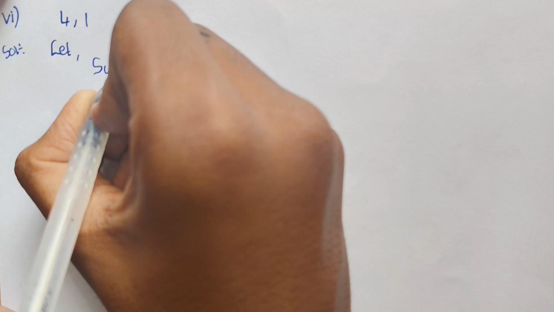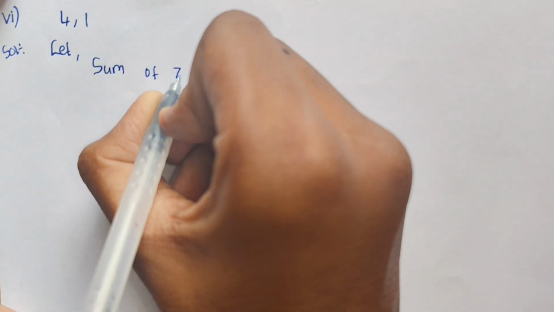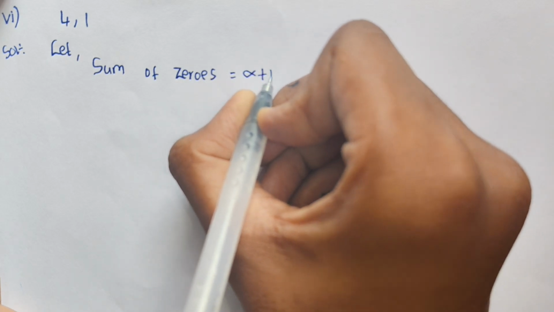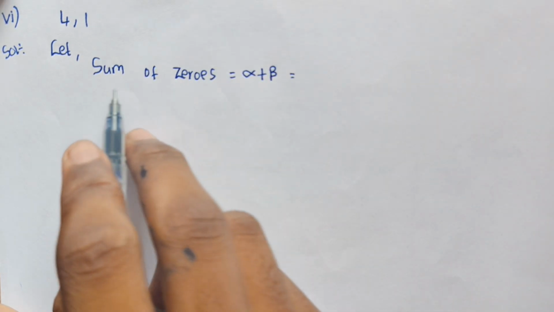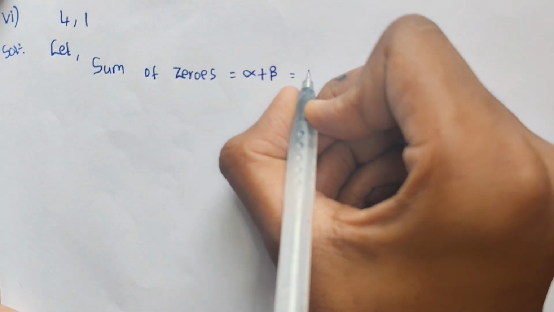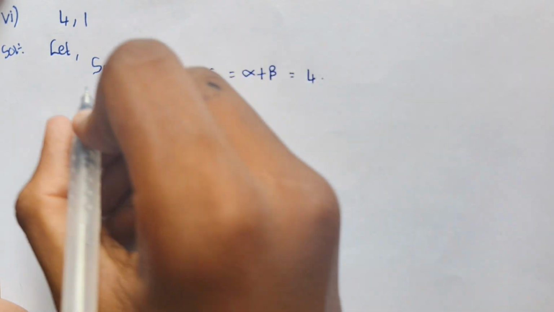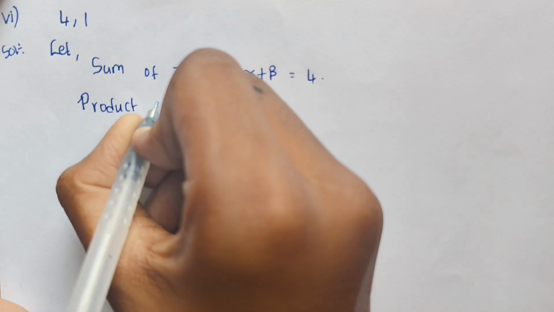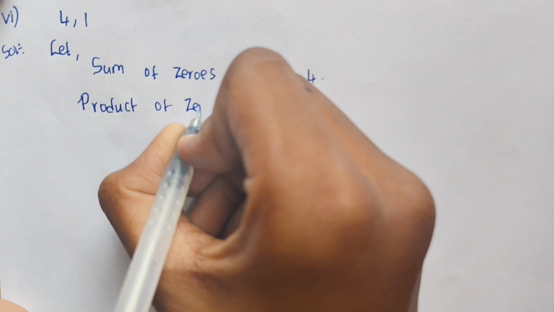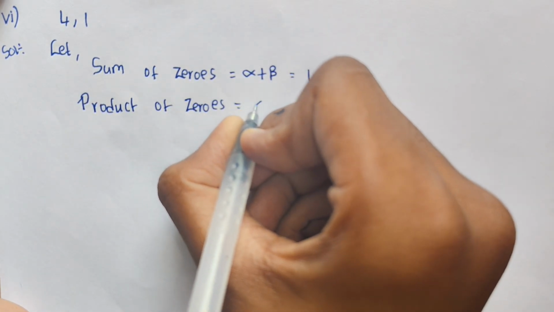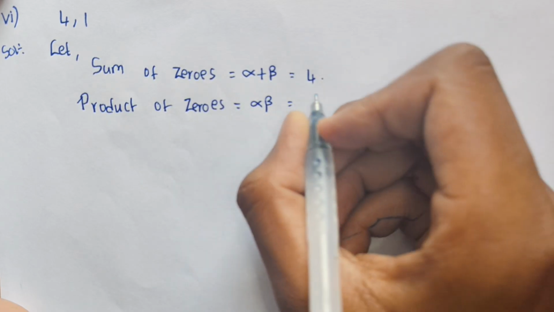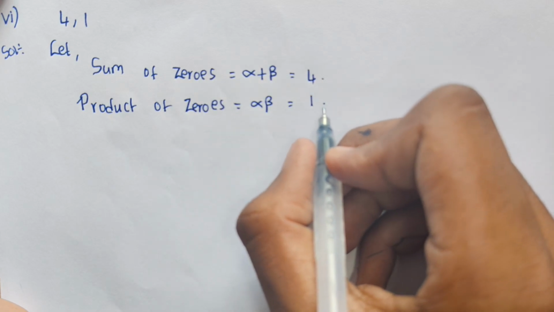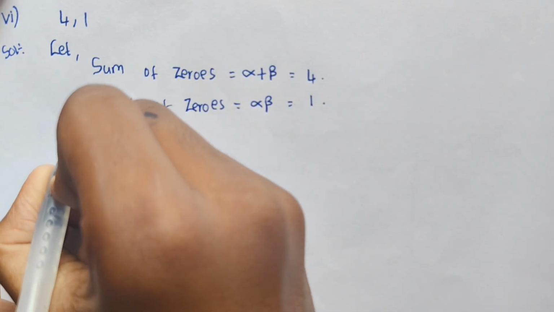Let me take sum of zeros equals to alpha plus beta, sum of zeros is 4. So alpha plus beta equals to 4. And product of zeros equals to alpha into beta, product of zeros is 1. So alpha into beta is 1.